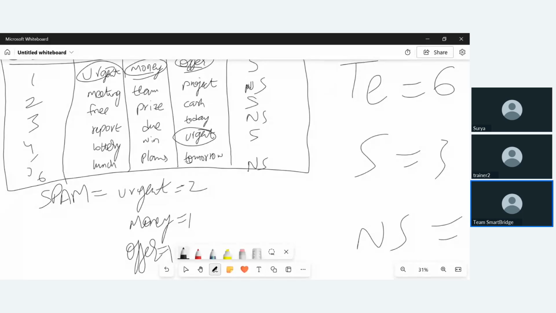The next thing is free. How many times is free repeated? 1 time. Price is also repeated 1 time. Cash is also repeated 1 time.